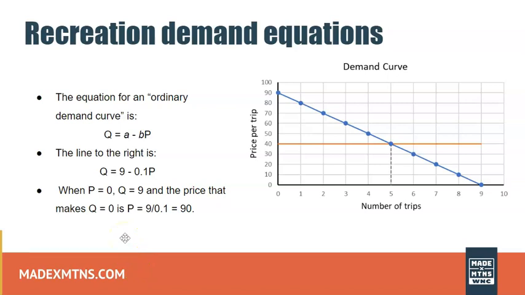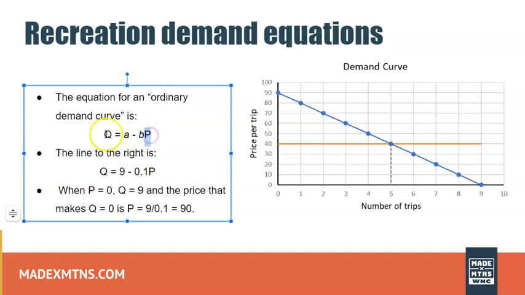Okay, and what economists do is estimate these demand curves for outdoor recreation, and what you do is develop a linear or nonlinear relationship between price and quantity.